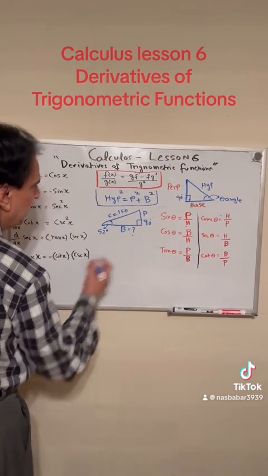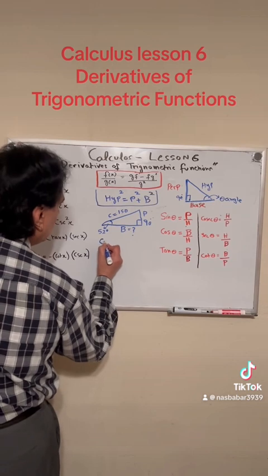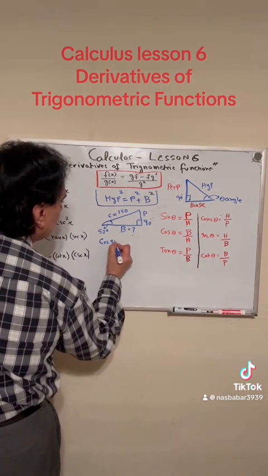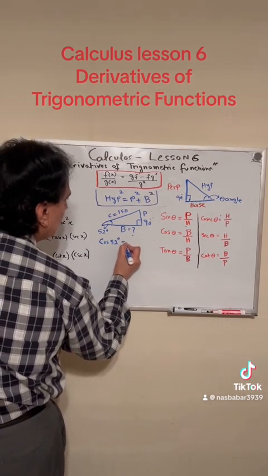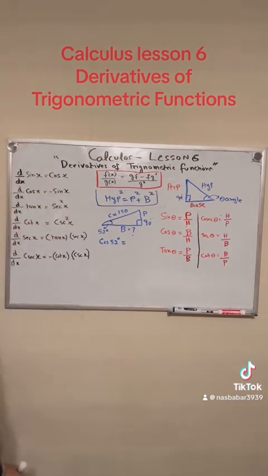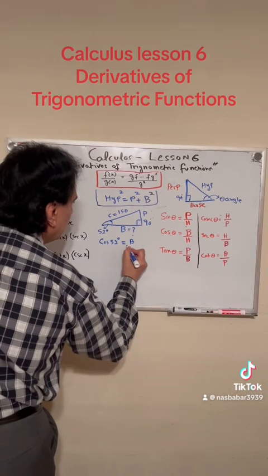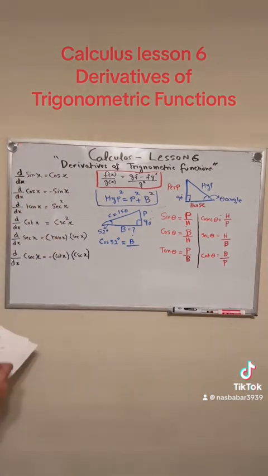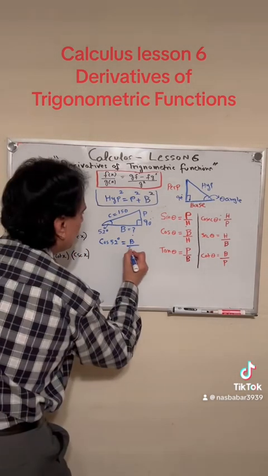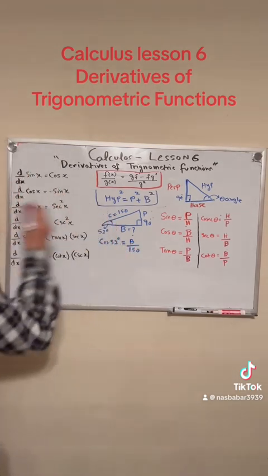Well, cosine. So cosine of 52 degrees is equal to what? Base, which we are trying to find, over hypotenuse, which is 150. It's given right here, 150.